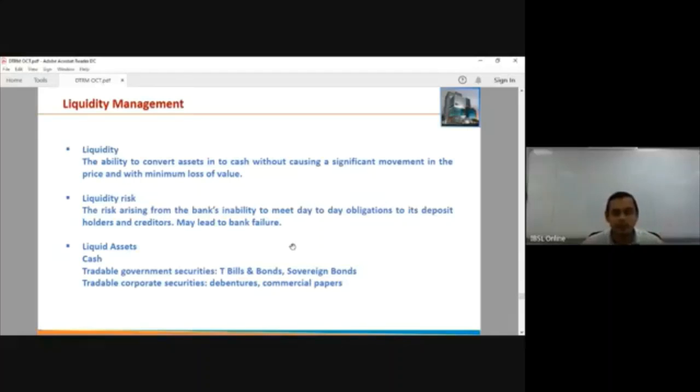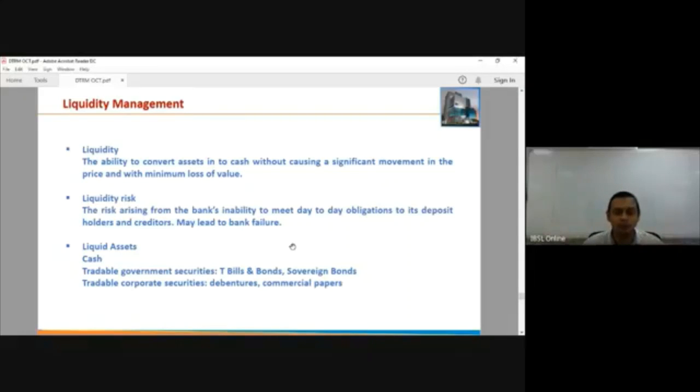Then we know banks naturally have a maturity mismatch risk, because you take deposits for a shorter period, maximum 1 year or 2 years, or in the extreme case maybe 5 years, but you give loans with a longer tenor, starting with 3 years, 5 years, 10 years, 20 years, 30 years, like that. So inherently, the banking business model is exposed to liquidity risk because of this mismatch.